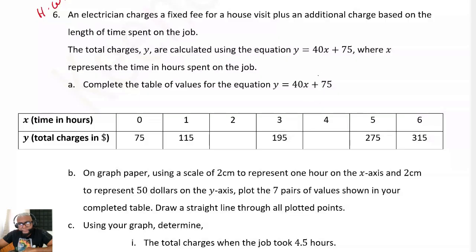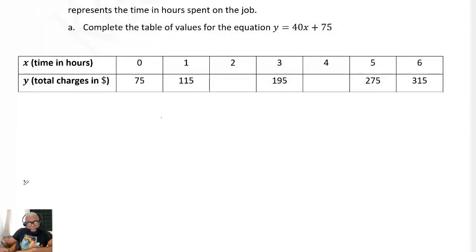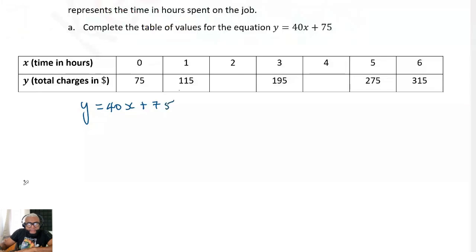Kaylee, how would I calculate this? So I have two workings to do here. So this is the equation, right, Kaylee? Y is equal to 40x plus 75.